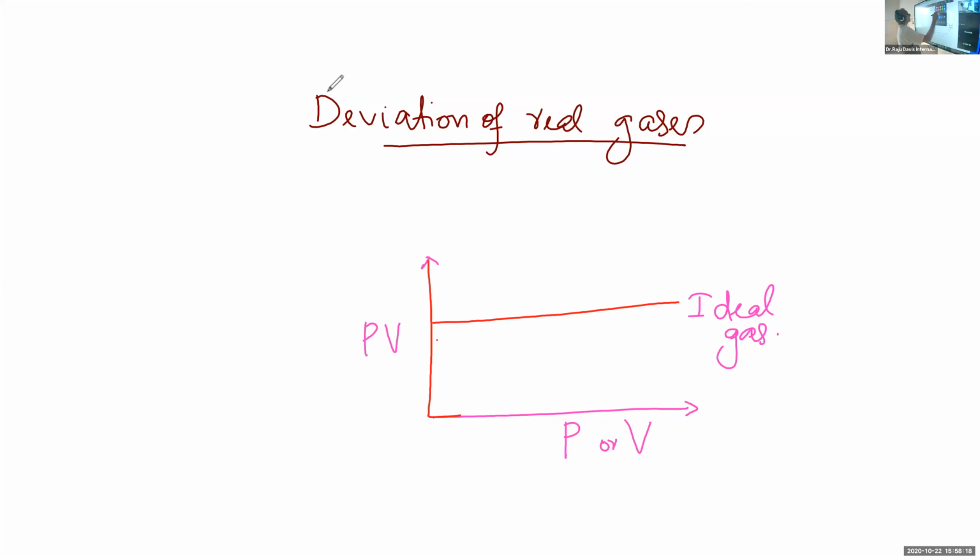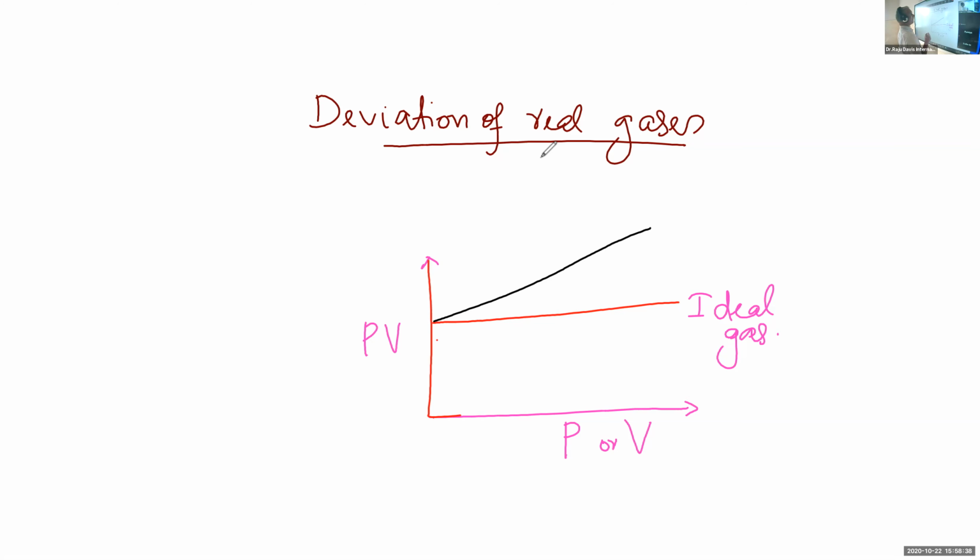So for real gases, if PV is plotted against P, in some cases you can see a straight line, but it is going up. That means PV is greater than that expected for ideal gas.